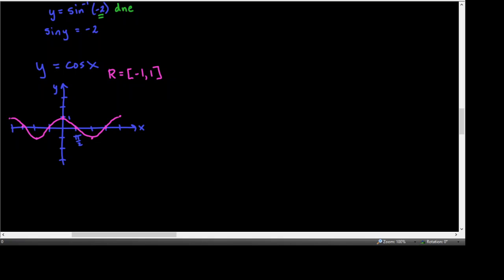So if I wanted to keep -1 to 1, could I keep from pi to 2 pi? Yep, that would work. How about from -2 pi to -pi? Yep, that would work. Is there anything closer to 0 than those 2 options? Yes, there is. From -pi to 0, or from 0 to pi.